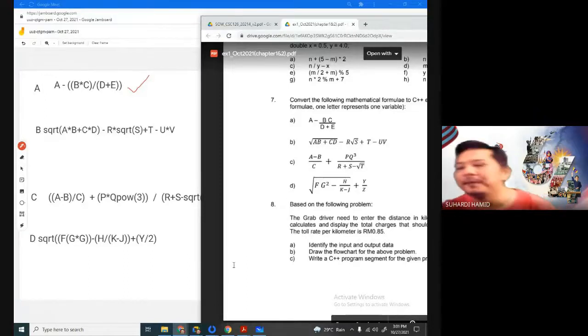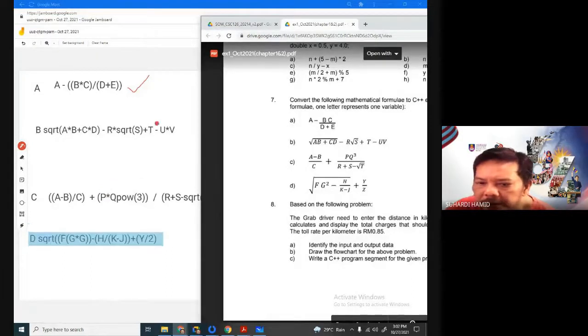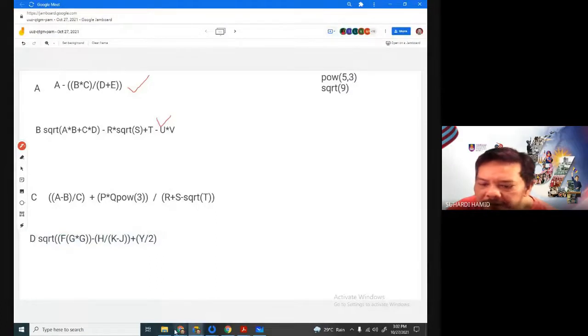Now for B, square root A multiplied by B plus C multiplied by D, that is correct, minus R multiplied by square root of S. Yep. Minus plus T minus U multiplied by V. Yep, this is also correct.